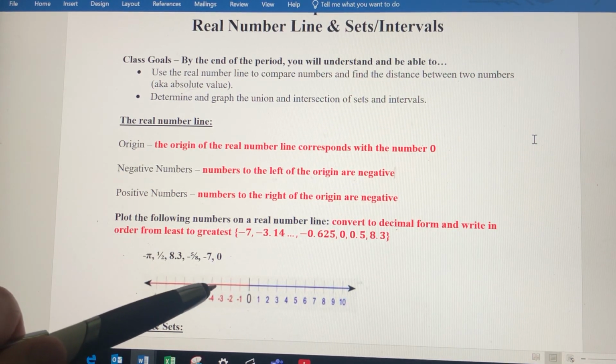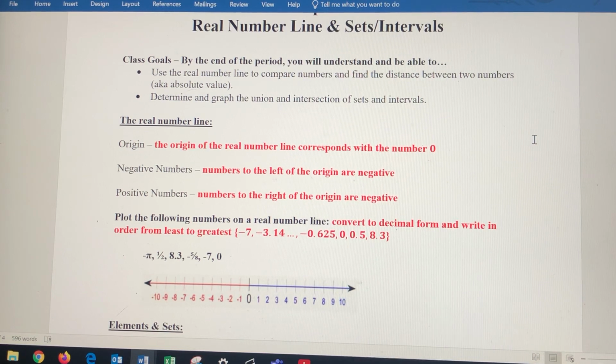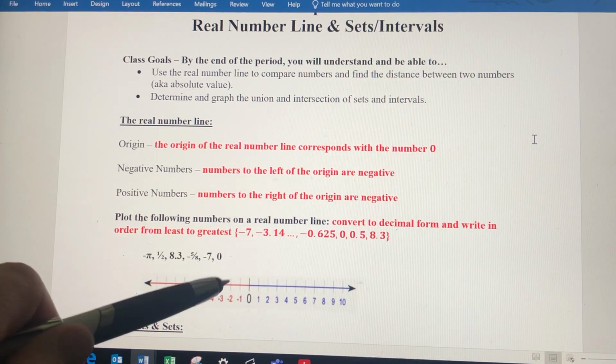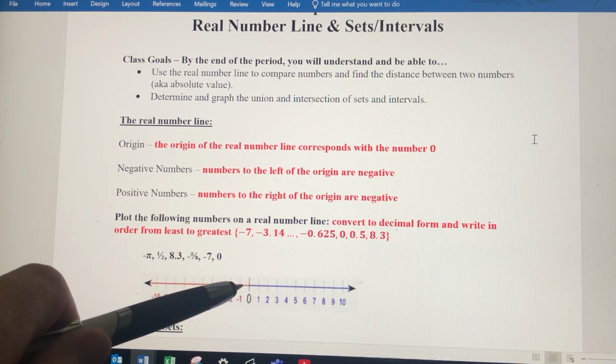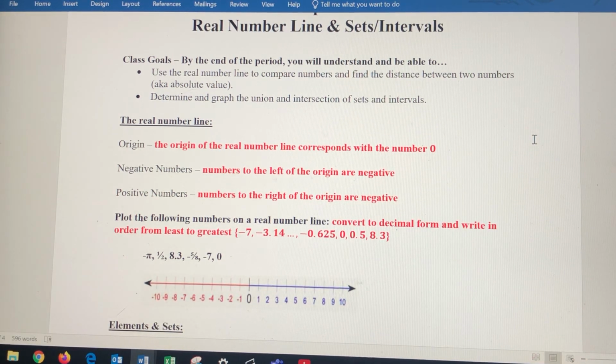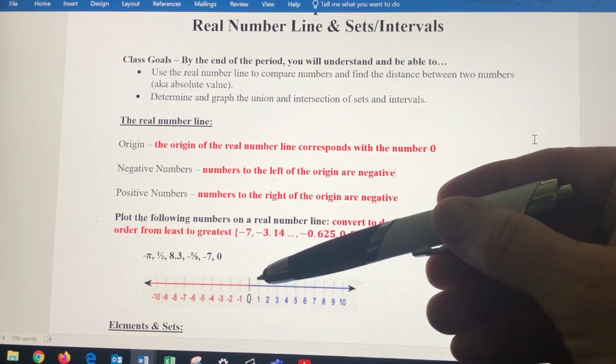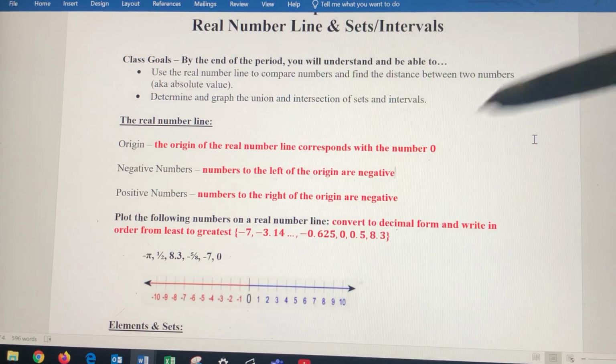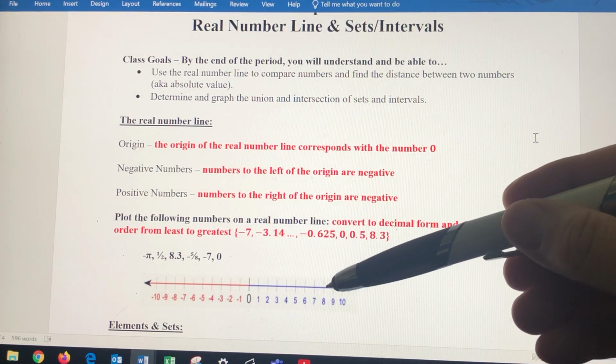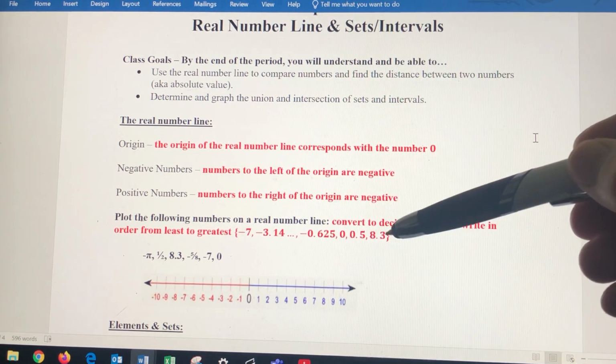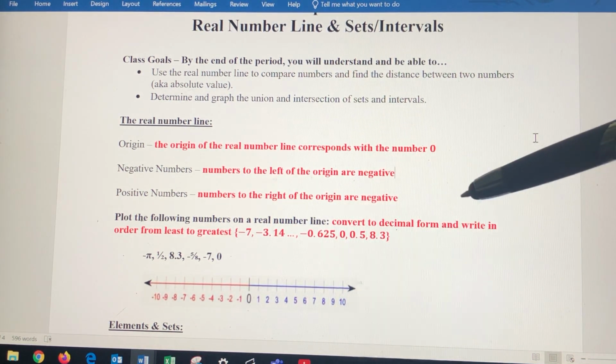So -pi is just to the left of -3, so we'd put a little dot just to the left of -3. -0.625 is between 0 and -1, but a little bit closer to -1. 0 is obviously the origin, so we'll put a point at the origin. 0.5 is halfway between 0 and 1, and 8.3 is going to be just to the right of 8, obviously closer to 8 than 9 because 8.3 is closer to 8 than it is to 9.